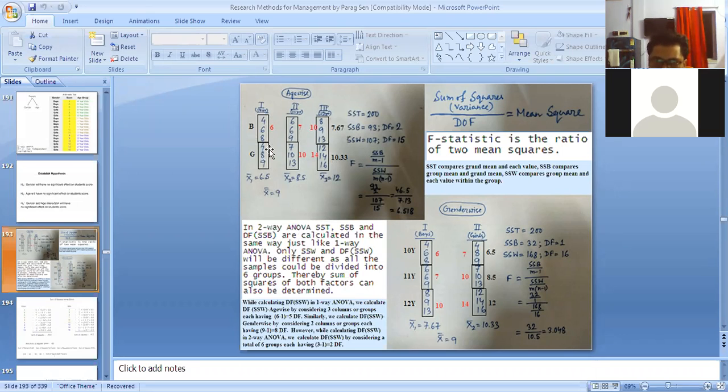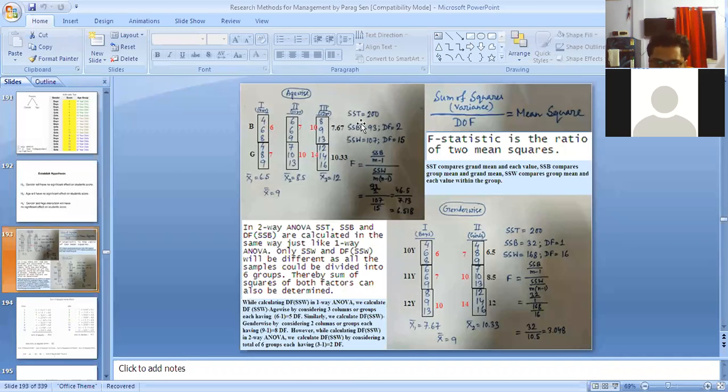That means how a particular group average differs from the grand mean, and you consider that for each element. So the sum of square between comes out to be 93. Since you have 3 age groups, your degrees of freedom will be 3 minus 1 equal to 2.